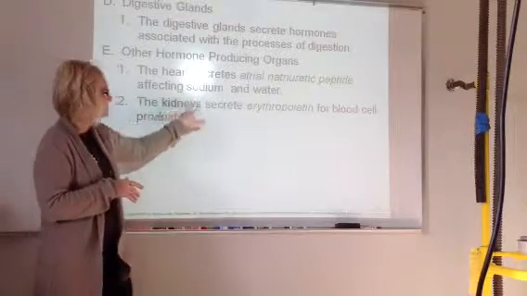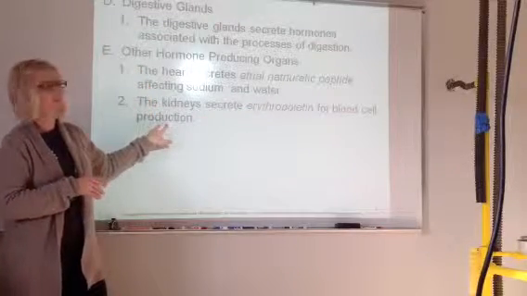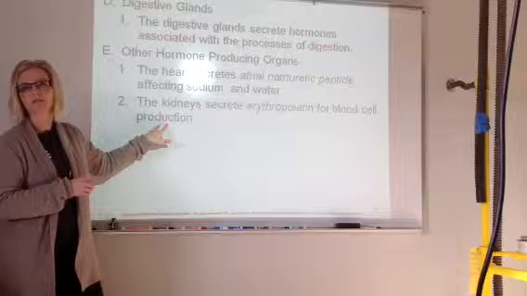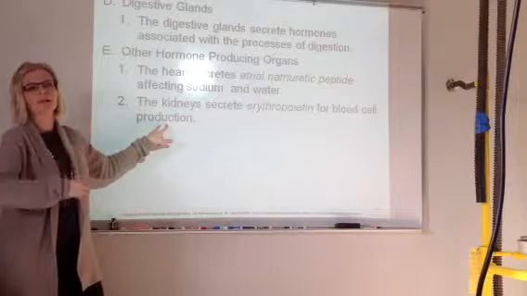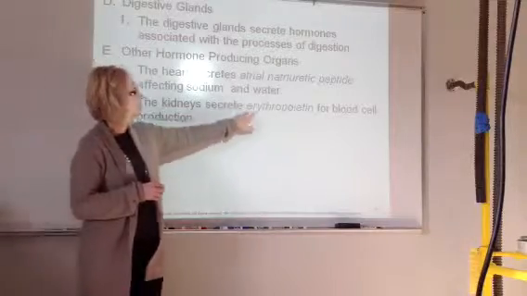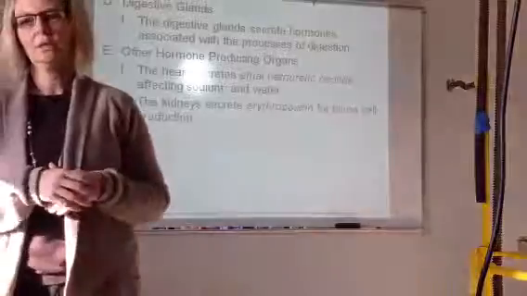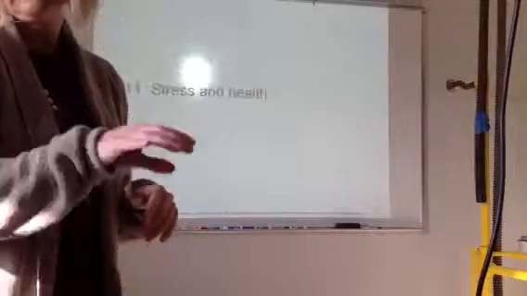Kidneys secrete erythropoietin, and that is very important for blood cell formation. We'll talk about that next semester more when we talk about red blood cells. So erythropoietin is very important for producing new blood cells.